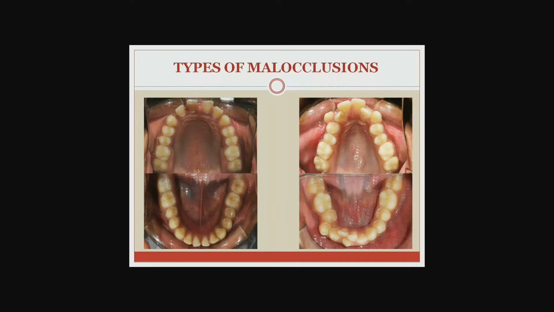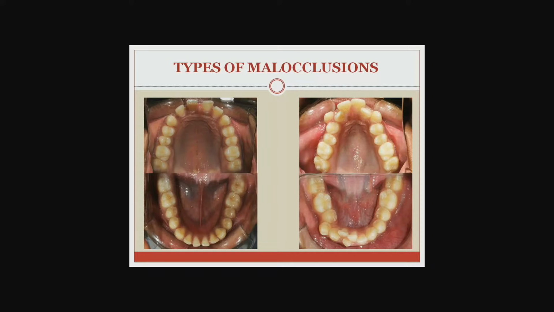When you view the teeth, you will find that sometimes the size of the jaws is too large and the size of the teeth is too small. In the first figure, you can see that when the teeth are smaller in size compared to the size of the jaws, they ultimately lead to spacing.